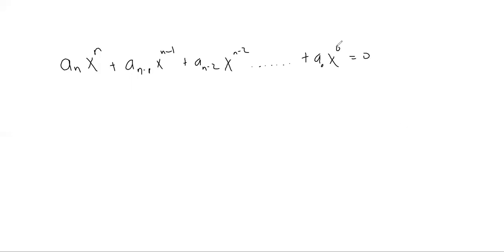Now, the one rule on this is a to the n cannot equal 0.